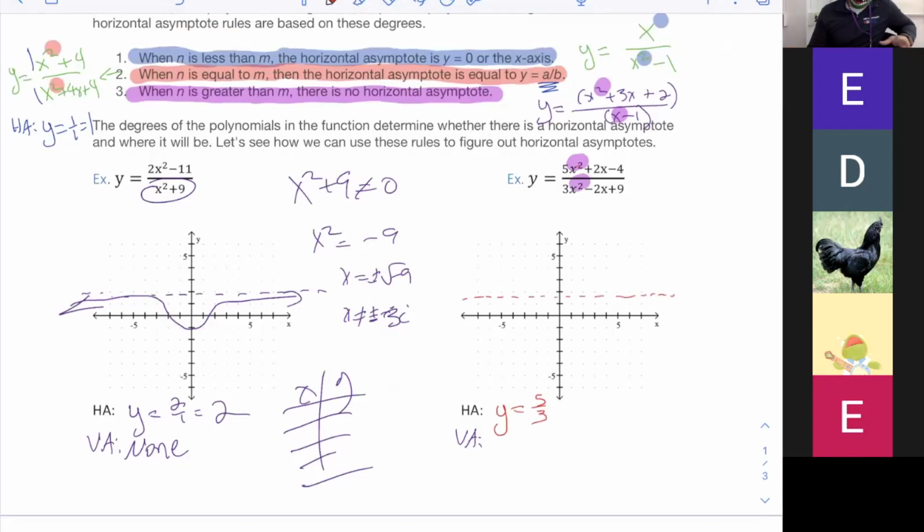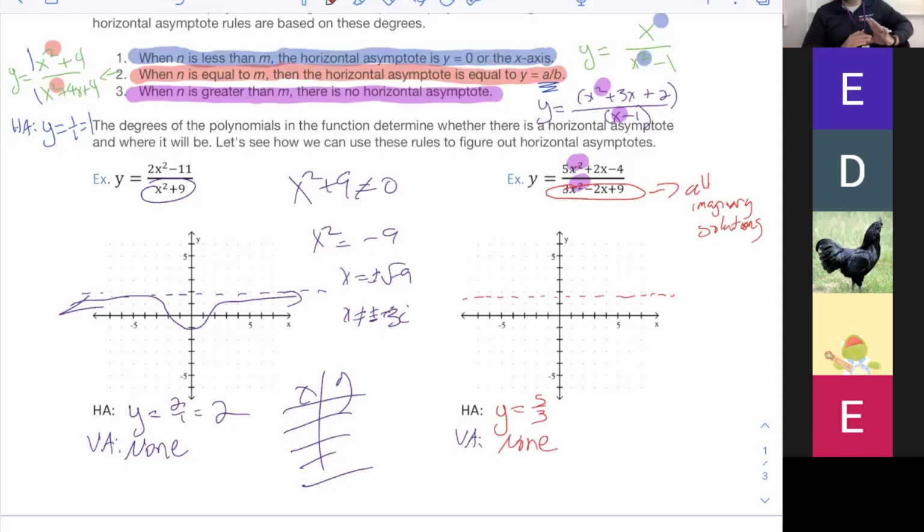Now for my vertical asymptote, I have to factor this if possible to see what makes it equal to 0. And I'll just tell you, these are all imaginary solutions. So again, there's no vertical asymptote. I already did the work for you guys, so don't worry about that.